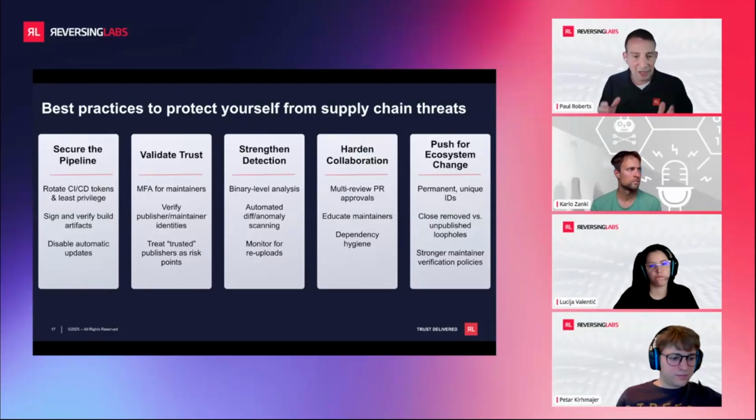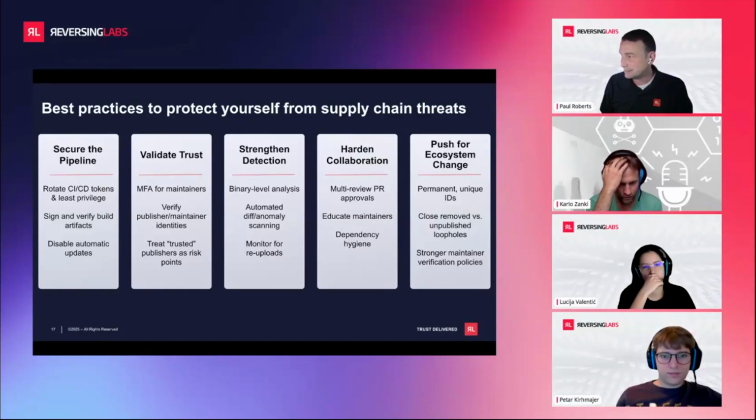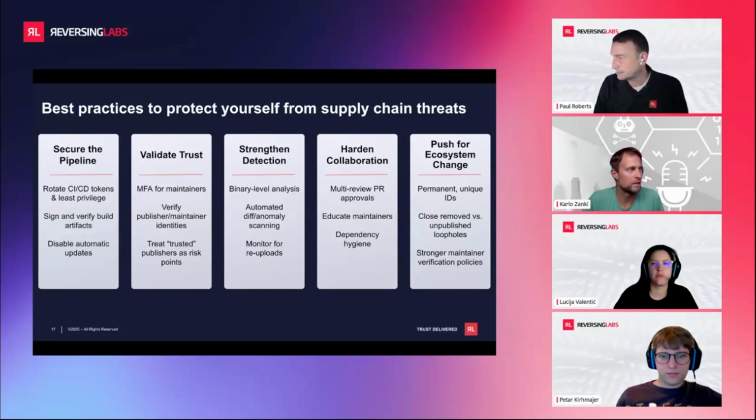Karlo, start with you: securing the open source pipeline. What are we referring to there? Yeah, basically, most organizations have automated development pipelines from code to publishing and testing, and you want to put security restraints on several steps in that pipeline.